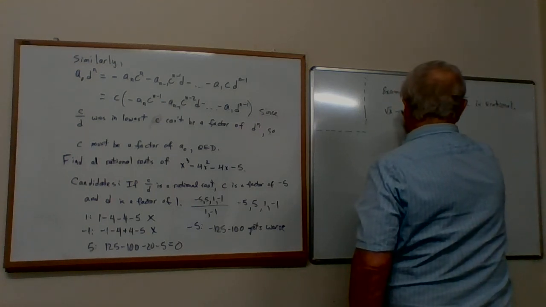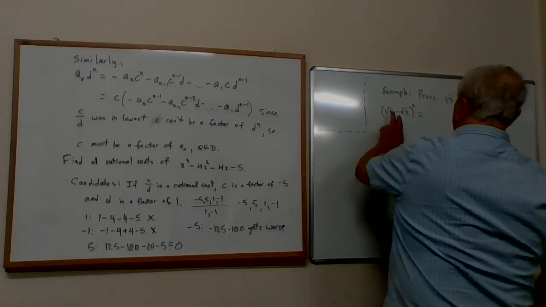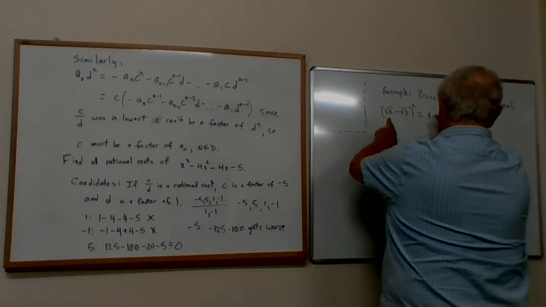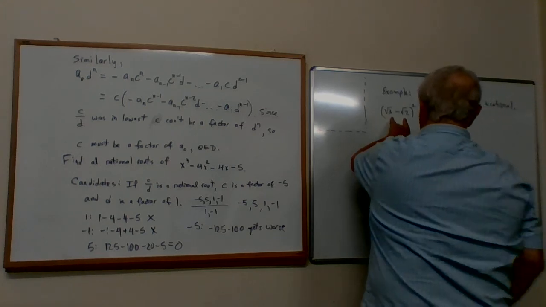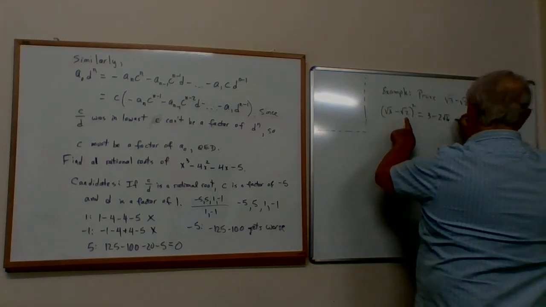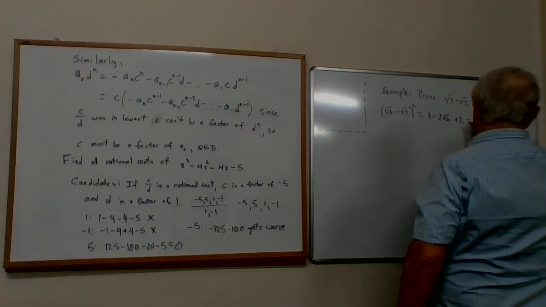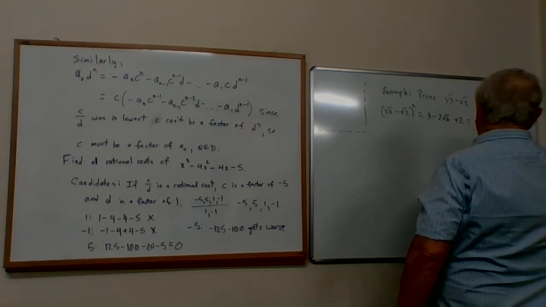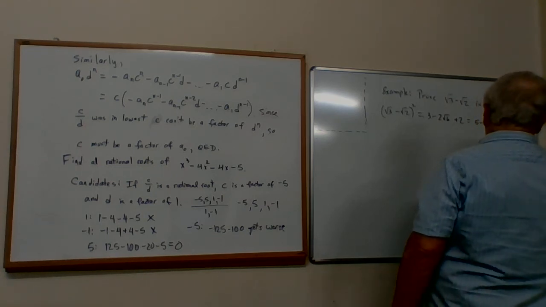So square root of 3 minus the square root of 2 squared is equal to 3 minus 2 times the square root of 6 plus 2. All right, which is equal to 5 minus 2 times the square root of 6.